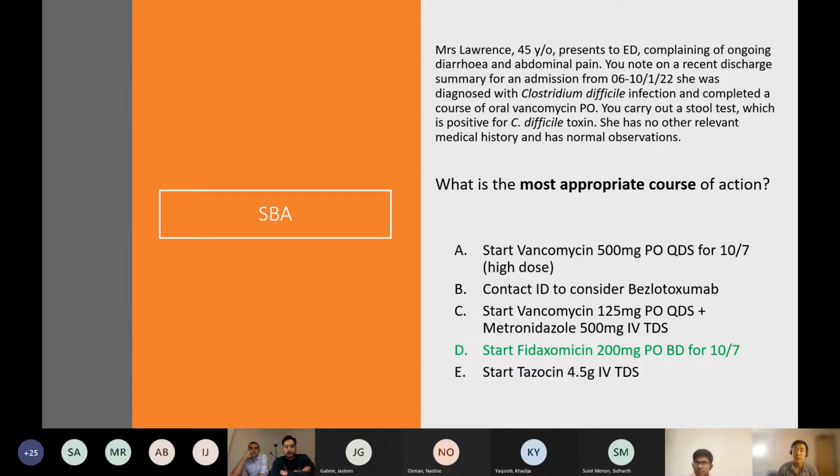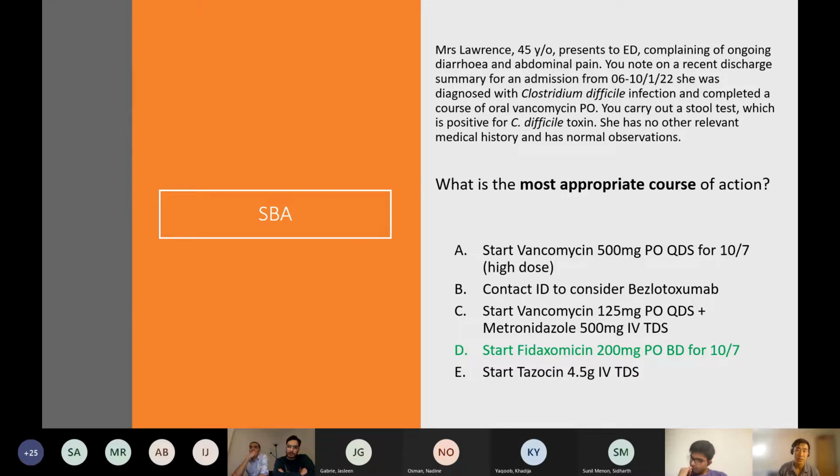Bezlotoxumab is mentioned on the NICE guidance, but it's mentioned specifically because they say it's not a cost-effective treatment. So never go for the monoclonal straight away. Vancomycin and metronidazole was the second most popular answer, and I can completely understand why. NICE guidance is to start vancomycin and metronidazole if it's a life-threatening infection or as a third-line antibiotic.